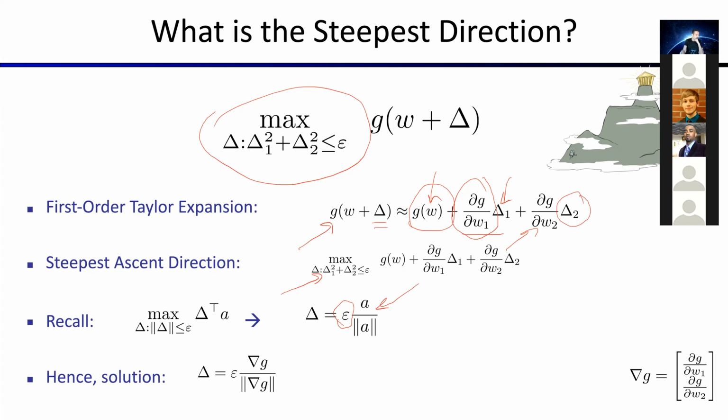Based on the construction, in this case, A is this vector. So we can construct this vector, and we know that by construction, this is the steepest direction for making the change in the weight vector.